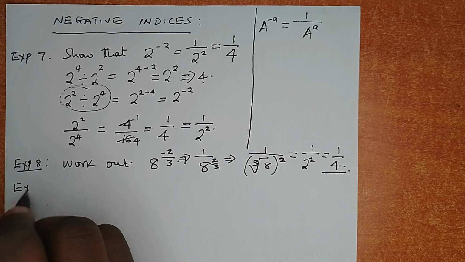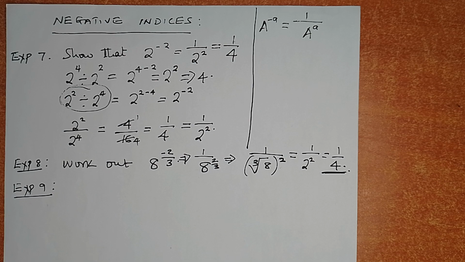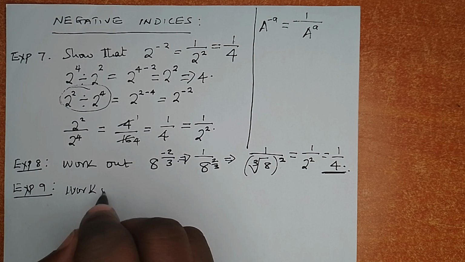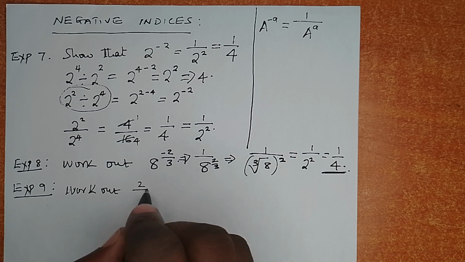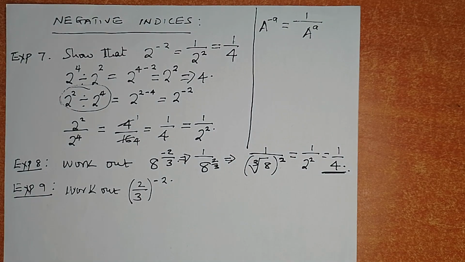Let's talk about example 9 in the same video. Let's see what example 9 is giving us. So example 9 talks of work out 2 over 3 raised to power negative 2.